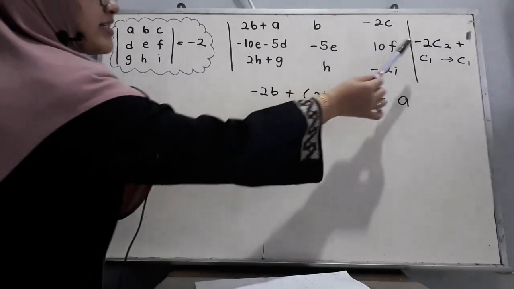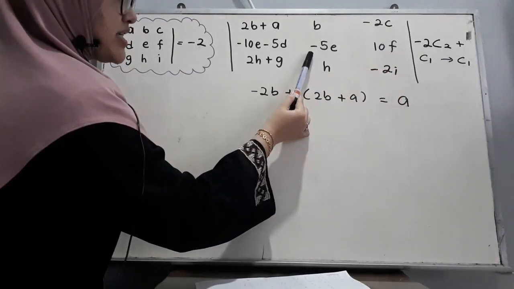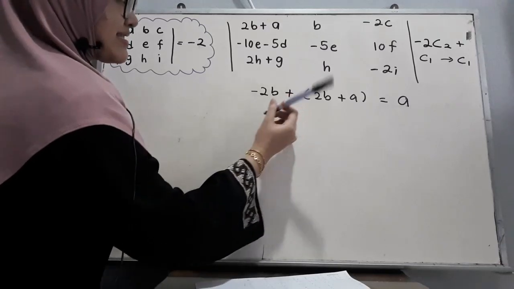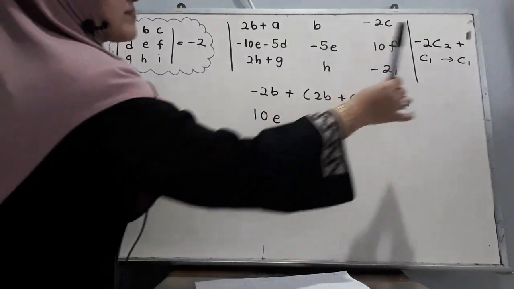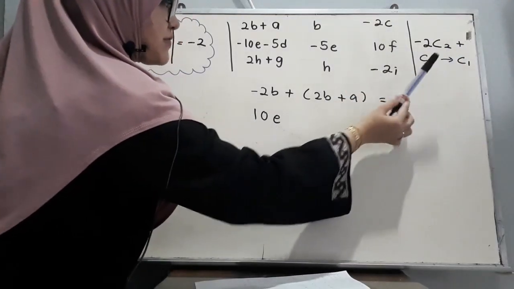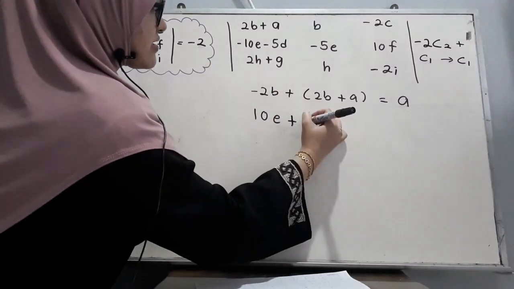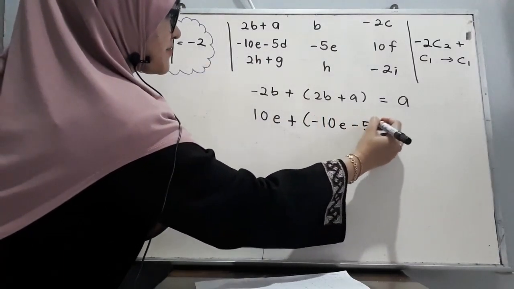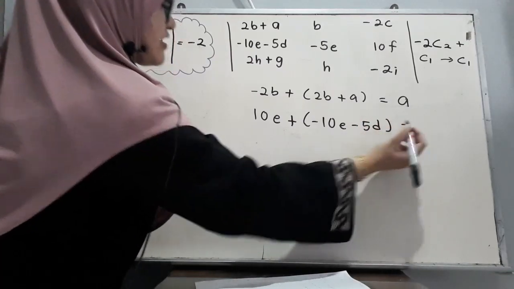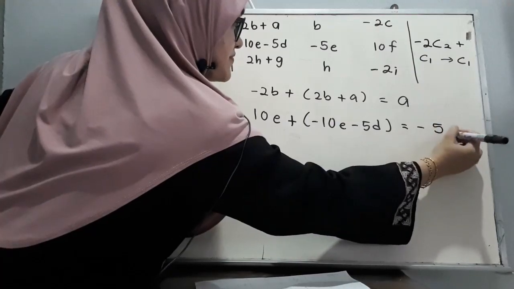Next, -2 multiplied by -5e. We get 10e plus c1 plus -10e minus 5d equal -5d.